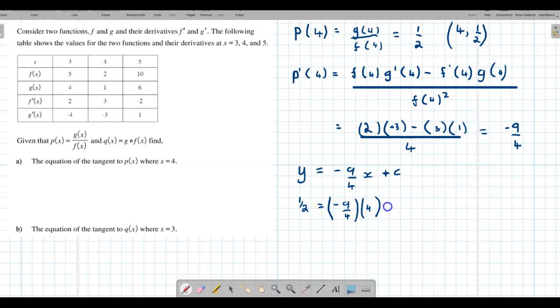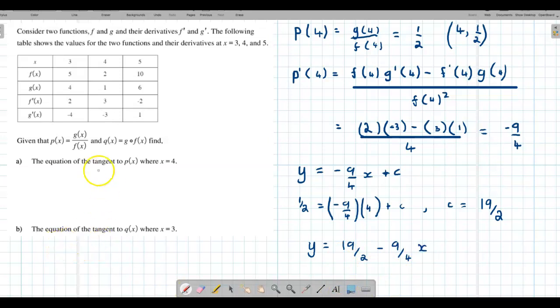It means if I just manipulate that, then I can work out that these two will cancel. 9 becomes 18/2. I add 18/2 to both sides, and c becomes 19/2. So then my equation can become y equals 19 divided by 2, take away 9 divided by 4, x. And that's the equation of my tangent.